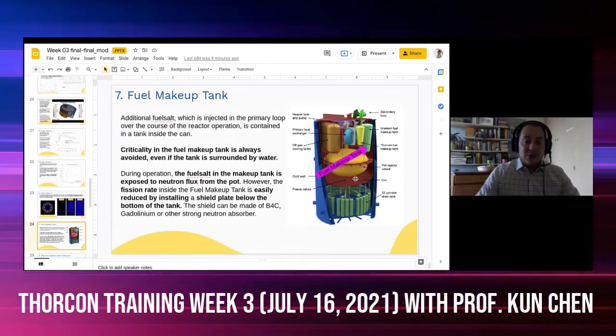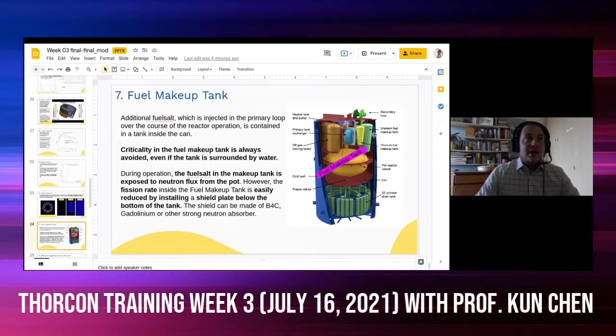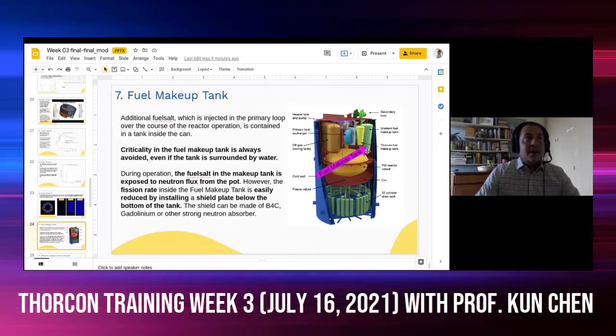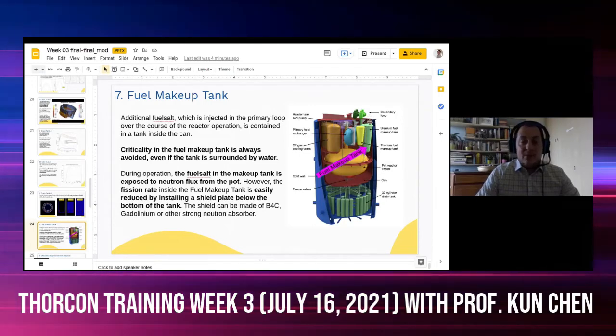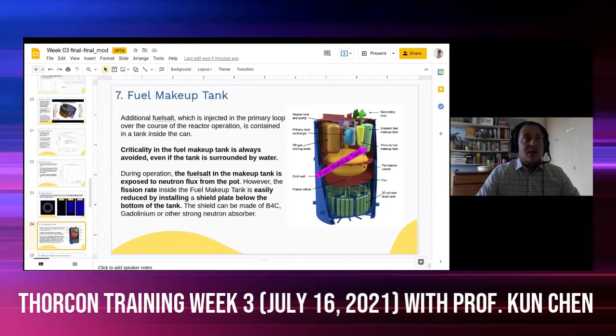This flux of neutrons induces fission in the makeup tank. The criticality of this component is very low in any foreseeable condition.